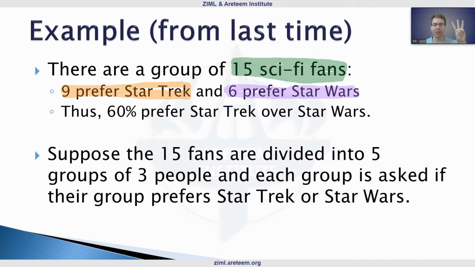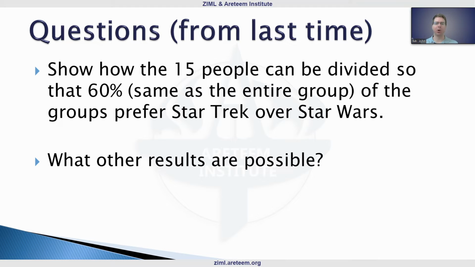Now, the idea is we're dividing these fans into groups of 3. Each of those groups of 3 is going to vote, and they're asked whether they prefer Star Trek or Star Wars. The question we posed last time was how these groups can give you different behavior than the 60% in total.